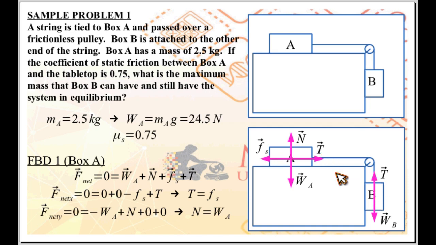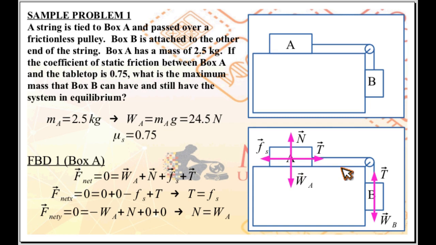The tensions experienced by both boxes are equal because there's only one string and the pulley is frictionless. Because of weight A, box A is pressing into the table.